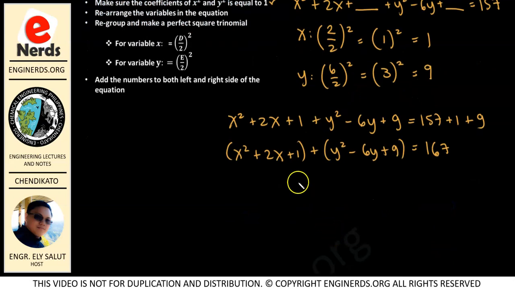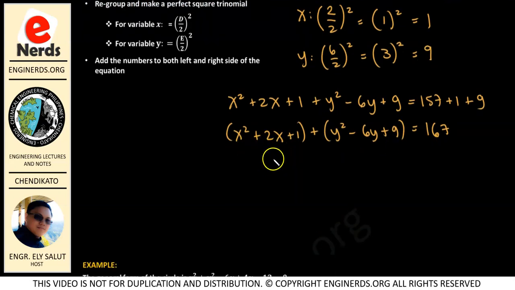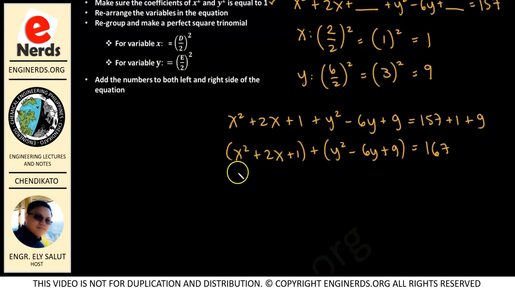Okay? So, now we have a perfect square trinomial here. So, paano nga ulit gagawin natin dyan? For x squared plus 2x plus 1 will be x. Then, kung ano yung sign ng ating x, no? Yung coefficient ng ating x is positive. So, we will have plus here. And then, eto, kukunin natin to, yung base ng ating exponent, which is 1. So, 1 squared. So, plus y. So, ano yung sign ng ating coefficient ng y, which is negative.